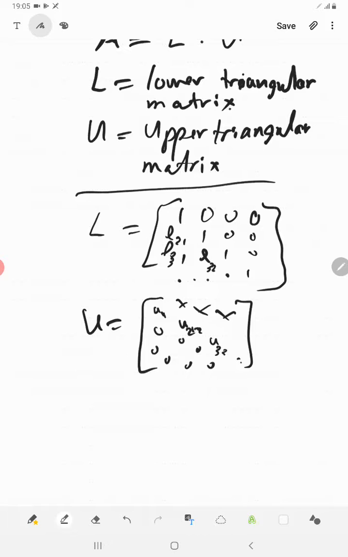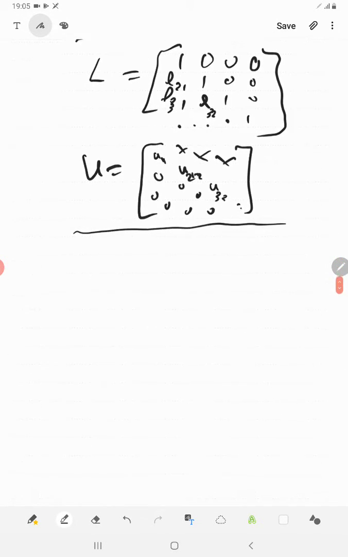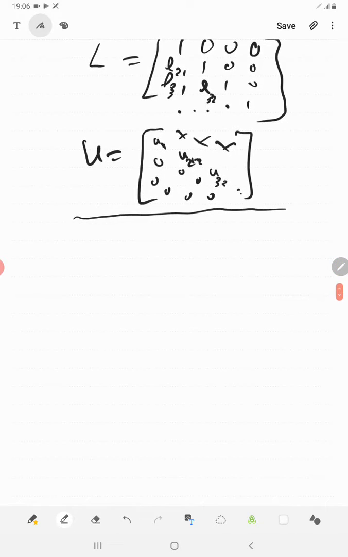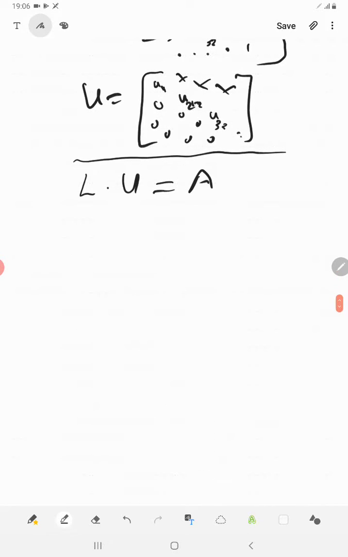I have made actually a program using MATLAB to demonstrate this to you. Okay, let's see how we transform the matrix A to L times U. So basically what we say, L times U is equal A. Okay, so first we will start.